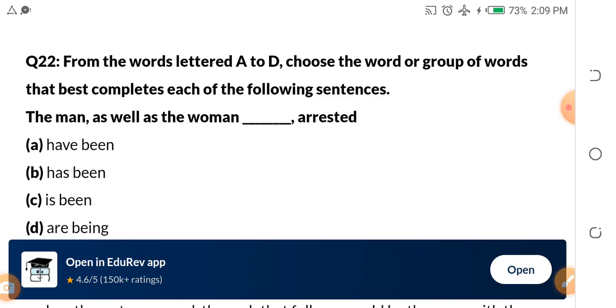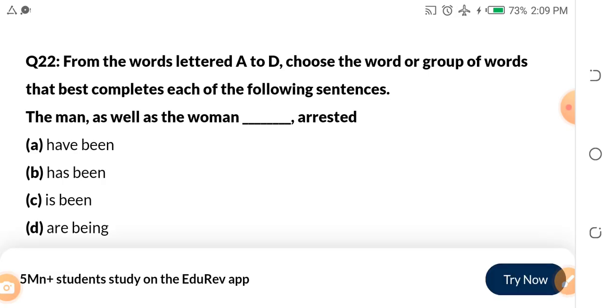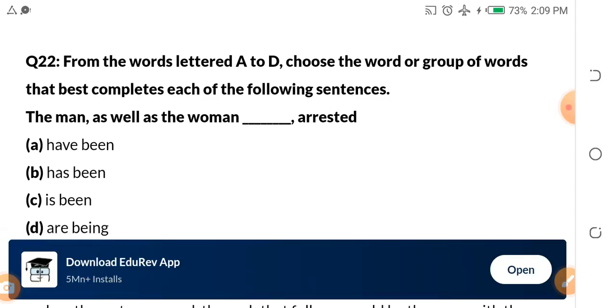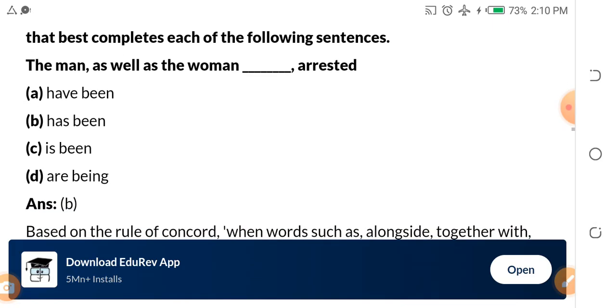Now we are changing gear. From the words lettered A to D, choose the word or group of words that best completes each of the following sentences. A, the man as well as the woman dash arrested.